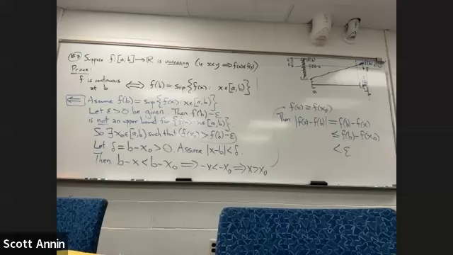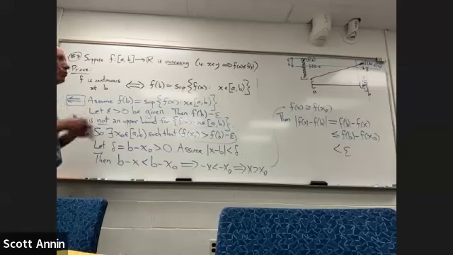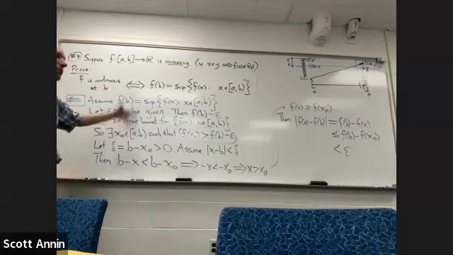Oh, this is a nice problem. This is one you shouldn't feel bad about if you couldn't do it by yourself. What I really want is that you look at what's in blue now and you can follow it. I think that's really the key.